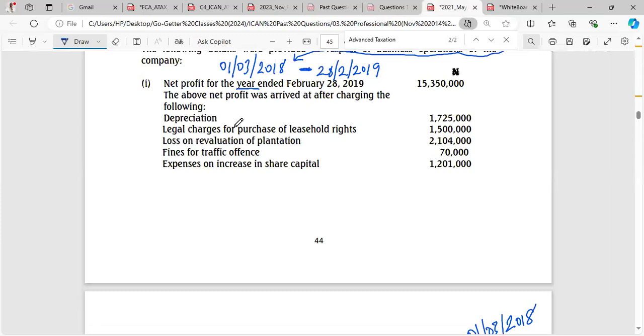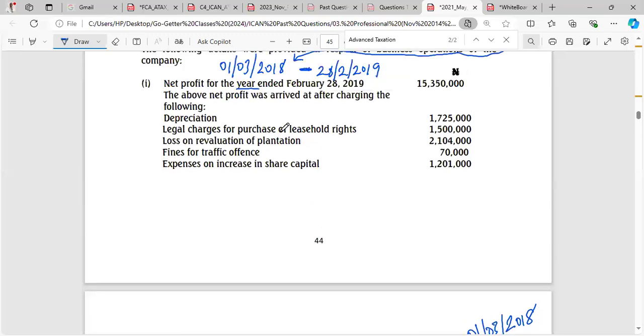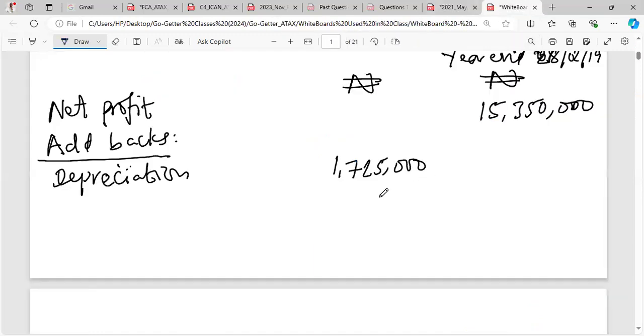The next one is legal charges for purchases of freehold rights, loss on revaluation of plantation, fines for traffic offenses, expenses in increase in share capital. All of these are not allowable. So we'll add them back. Legal charges for purchase of freehold rights, 1,500,000.